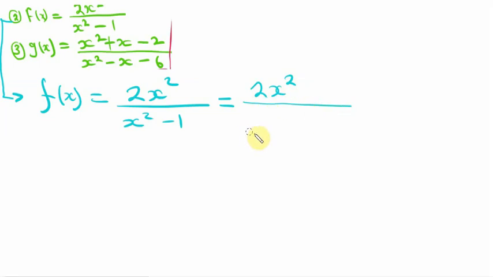About x squared minus 1. I see that it's a difference of two squares. So this is the same thing as x minus 1 multiplied by x plus 1.